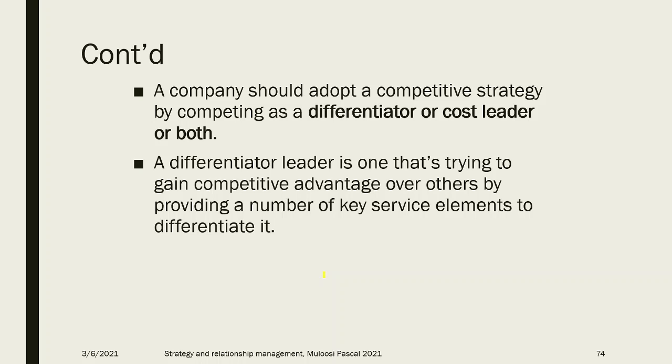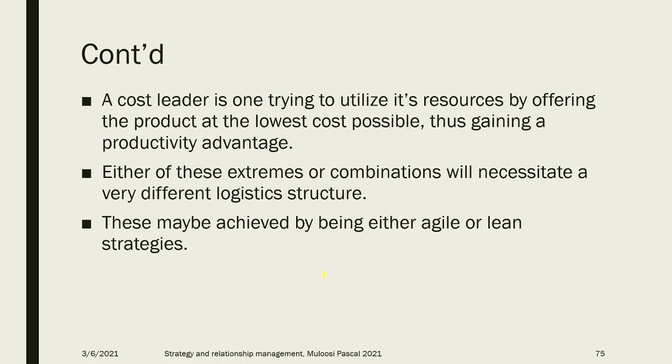So, are you a cost leader? Are you a differentiator? This you have to decide as an organization. If you're a differentiator, you have to be agile. You have to be responsive to the customer's needs. Differentiation is about being responsive. And this is what we talked about last semester when we were looking at supply chain management practice.